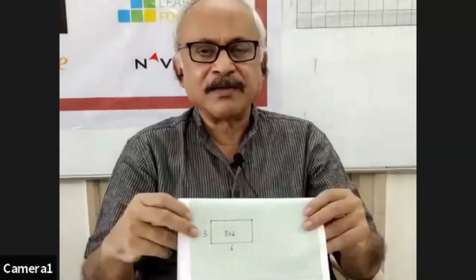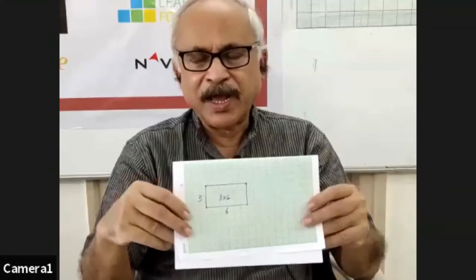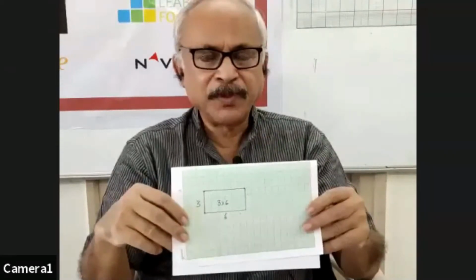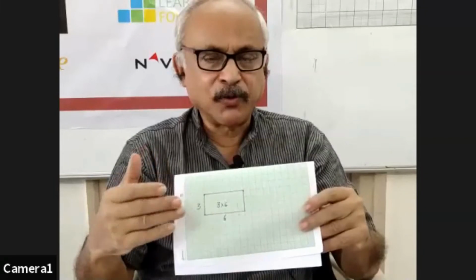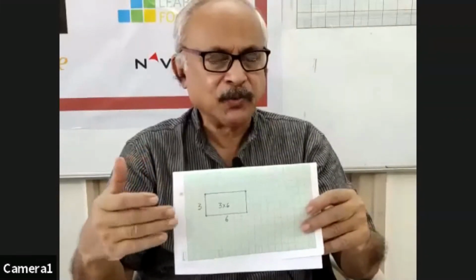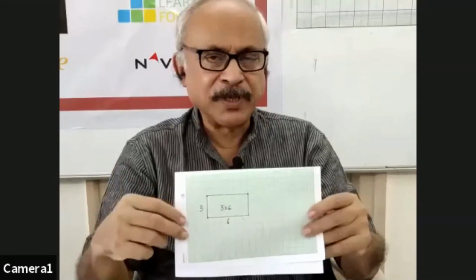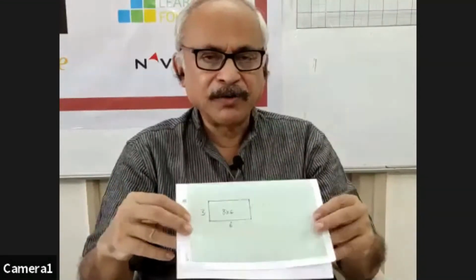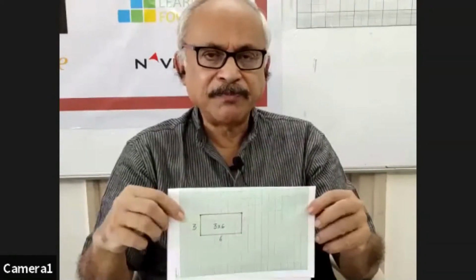As I said, none of them are wrong, but going ahead, when I ask you to draw 3 times 6, I would request you to make a rectangle, because that is what we are going to be using in the other concepts going ahead. So now, having done this, are we ready for the next problem?